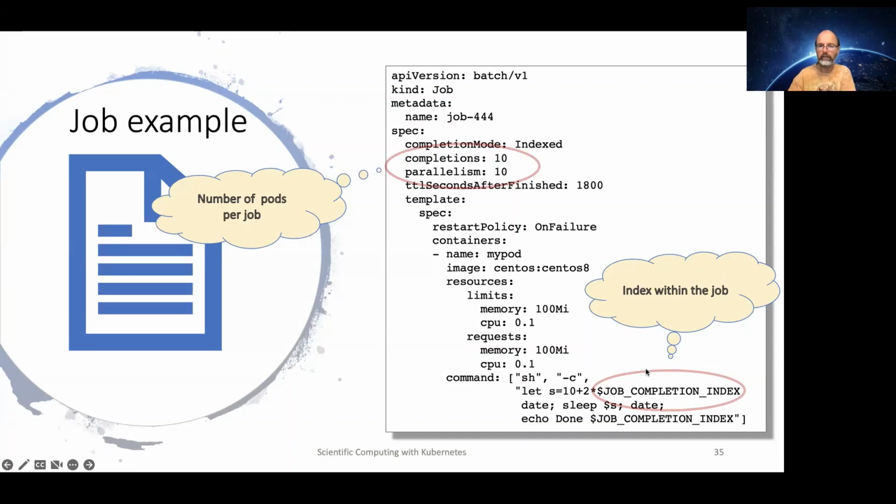And you also get an index that tells you which one of the n pods of the specific job you are launching. So you can easily specialize the different jobs based on the index. For example, if you do a parameter scan.